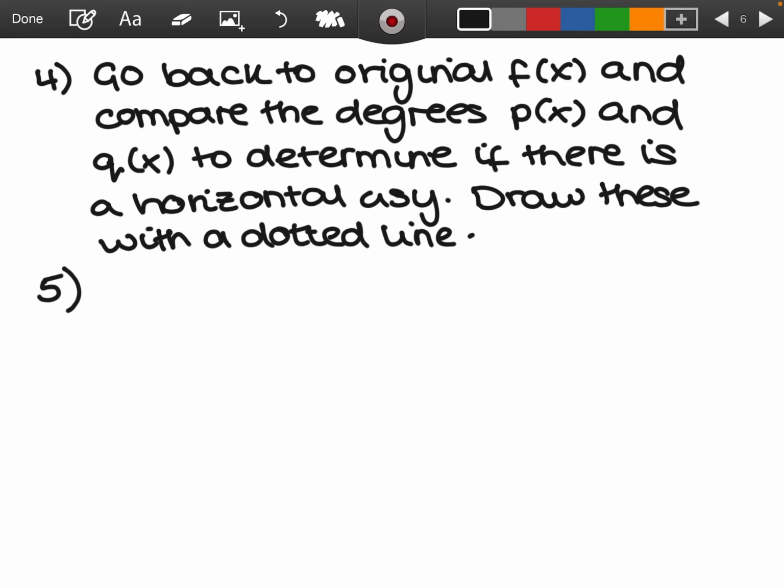Step 5, if we don't have any horizontal asymptotes, determine if there is an oblique asymptote. So if you have that p of x has degree 1 greater than q of x, you know that there's an oblique asymptote.